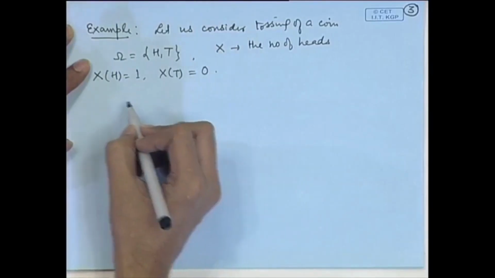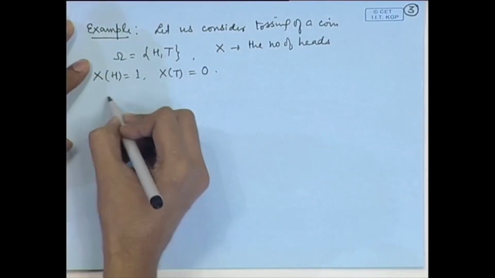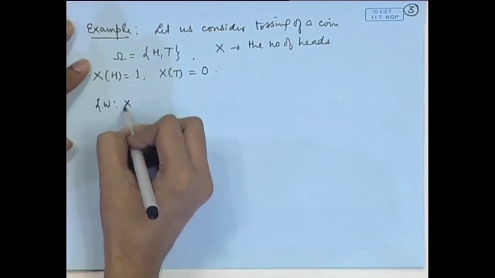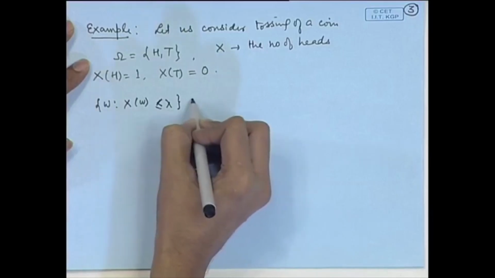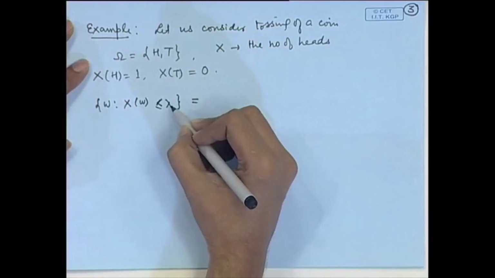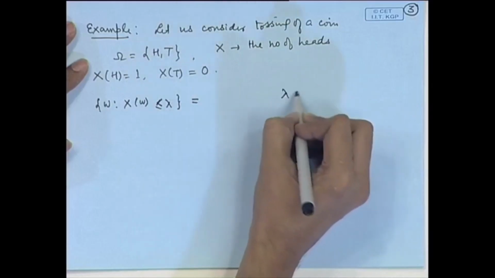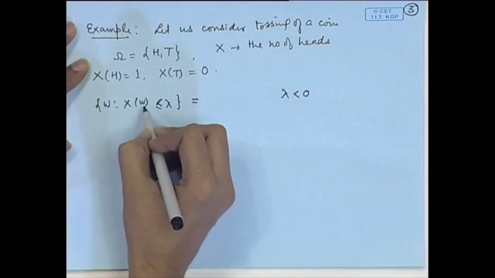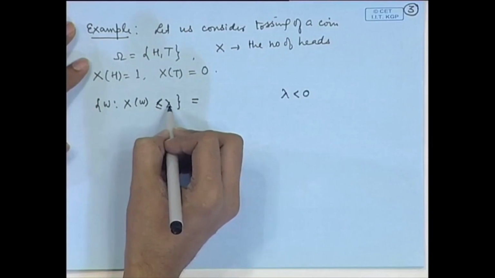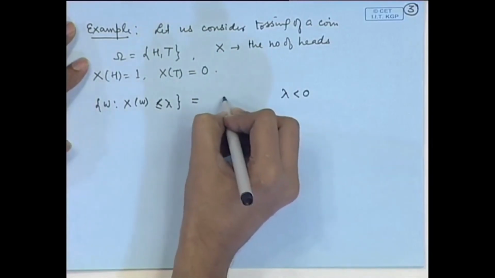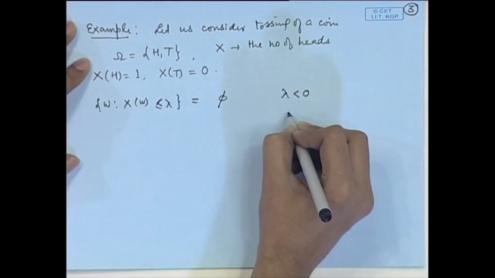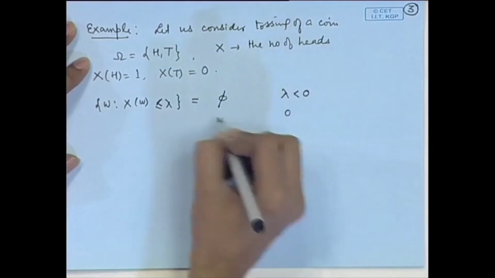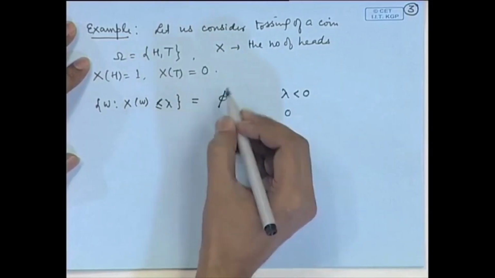So, if we look at the set of omega such that X(omega) is less than or equal to lambda, say. Now, if lambda is negative, then there is no point for which X(omega) satisfies that condition. That means this is an empty set. If I take lambda equal to 0, then X(T) is equal to 0.